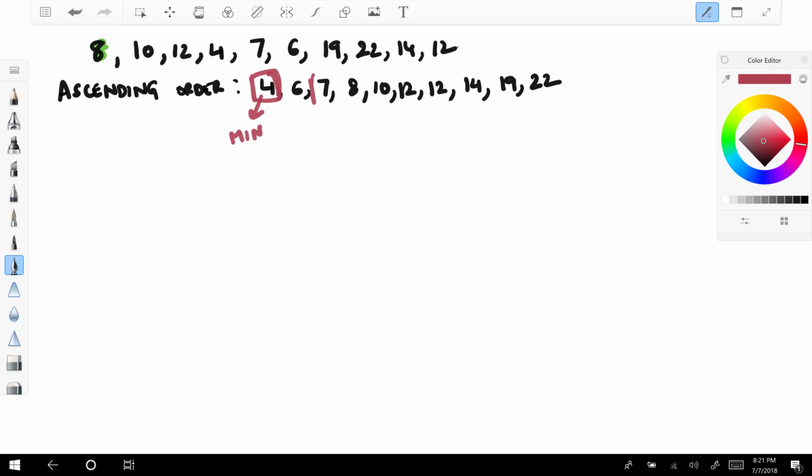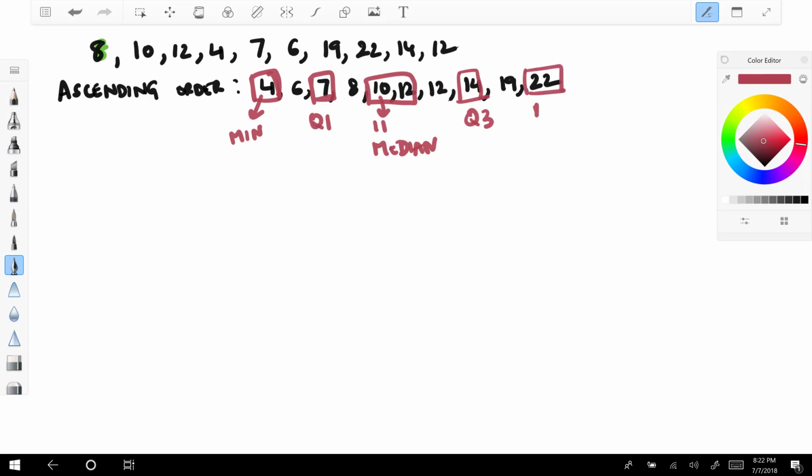This is our quartile 1, and then the average of these two, which was median, that's 11, is our median, and then 14 is our quartile 3, and then 22 is our maximum.